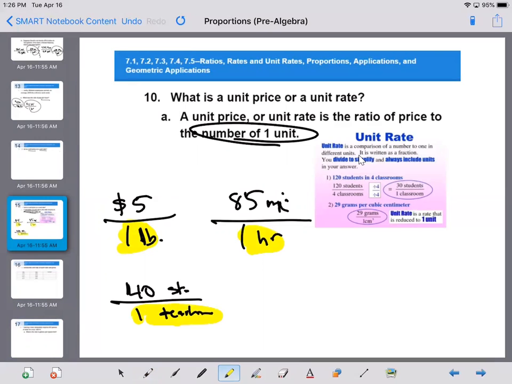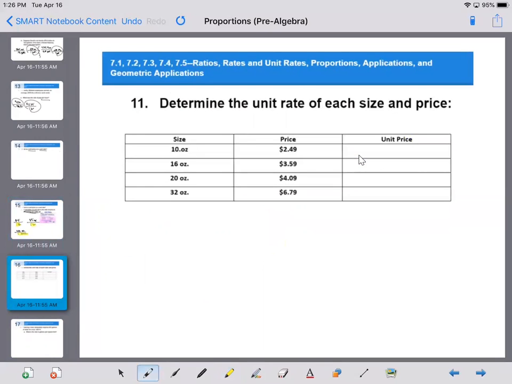So if we're going to look at the unit rate of different sizes, I want the unit price, which means I want to figure out the price per ounce. So if it's $2.49 divided by 10 ounces, I'd like to know what that would be as a unit rate, and that would be about 25 cents per 1 ounce.